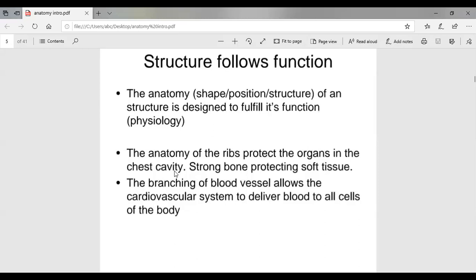We have bones in our legs, we have bones in our hands, even our skull and on our face we have various bones. So the structure of a bone is very hard, right? The position, the shape of it is very peculiar. Why is it? Because its function is to protect us, right? That's why the different structures or different shapes of the organs are designed to serve different functions. Let's go ahead.